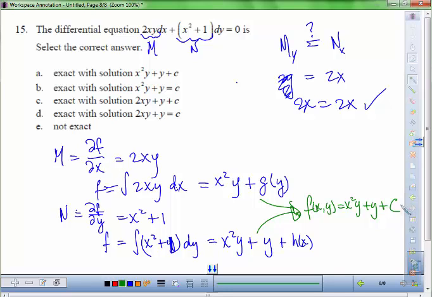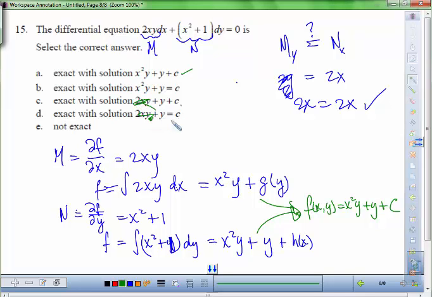So what is the solution? A? This isn't a solution now.